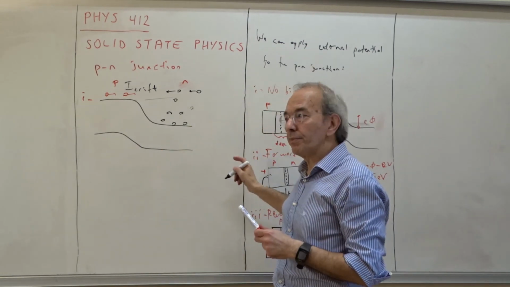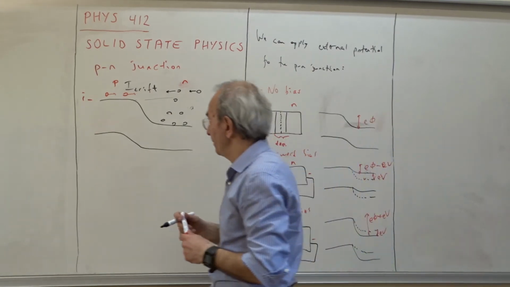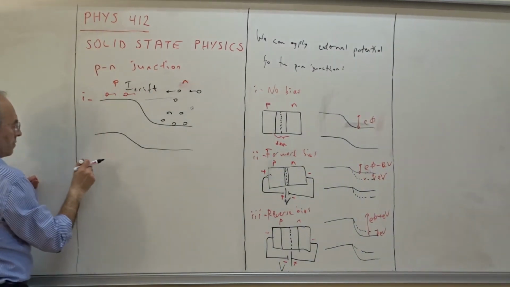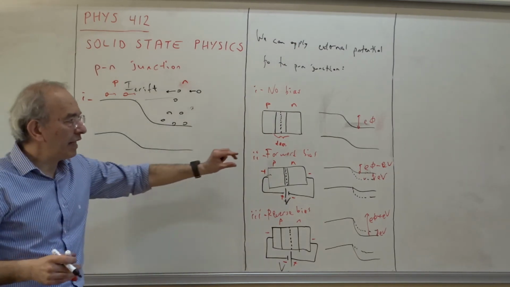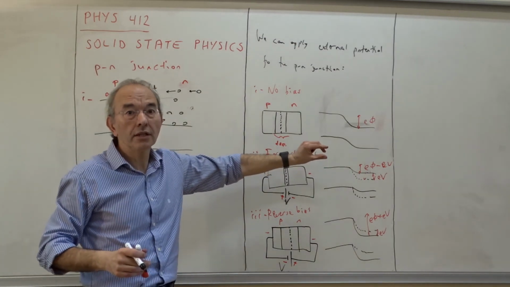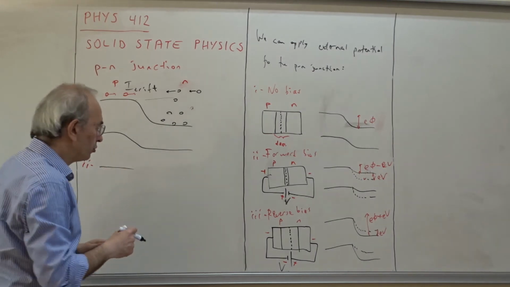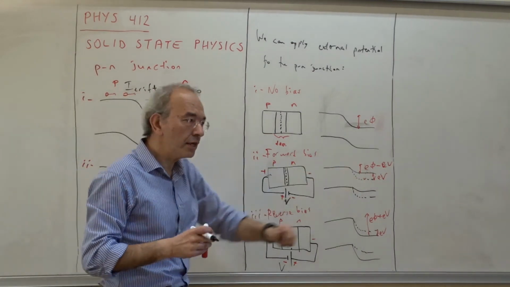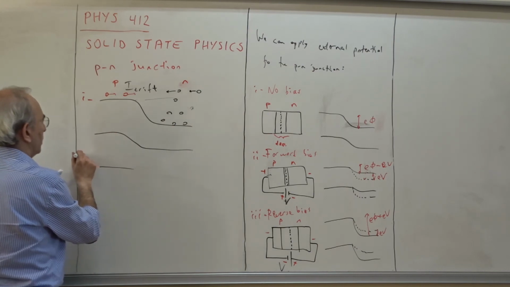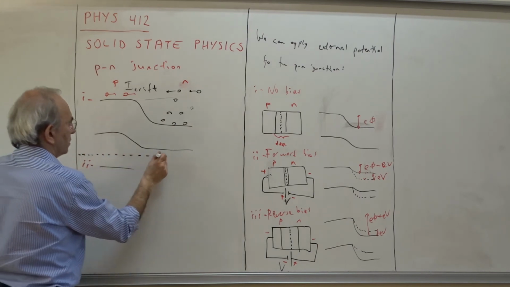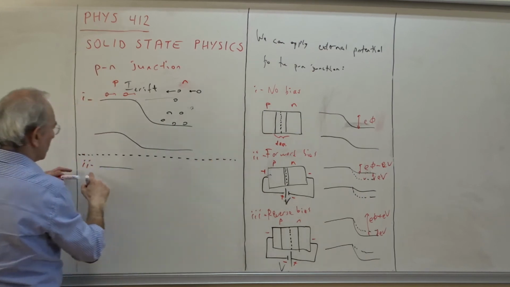What about the middle case? Forward bias. Now we have a flatter hill, less steep than the first, by this amount EV. So this is the hill. Now, case 2.